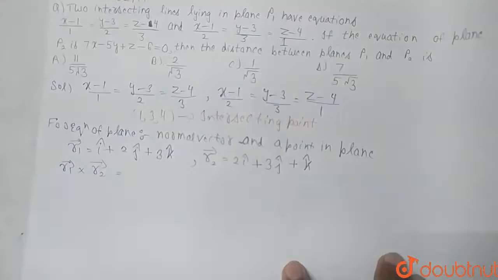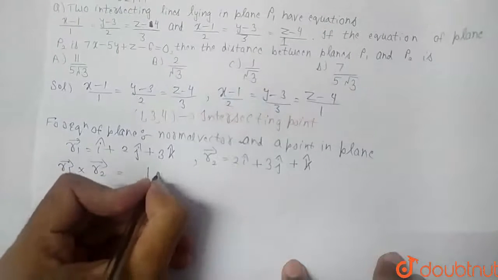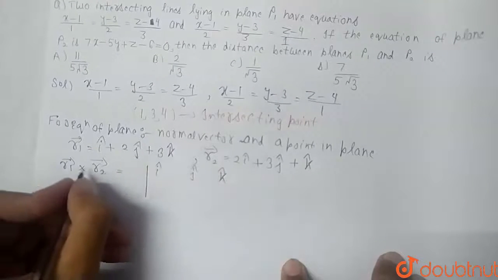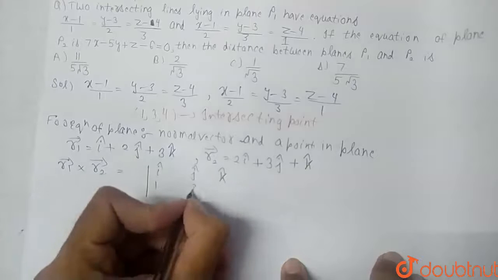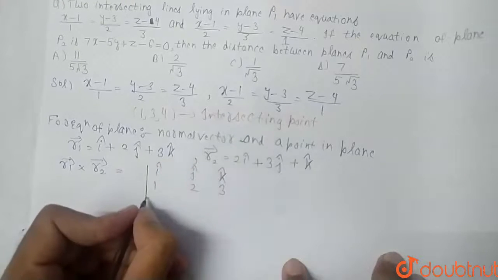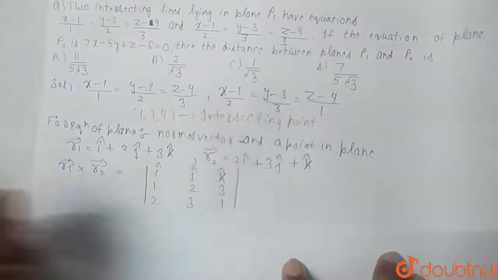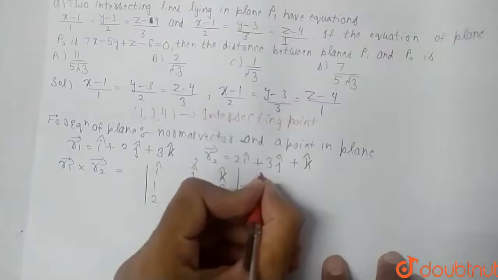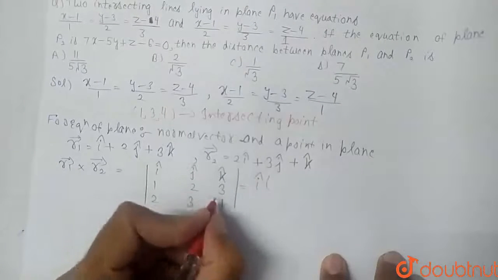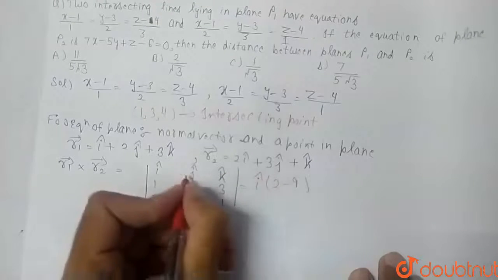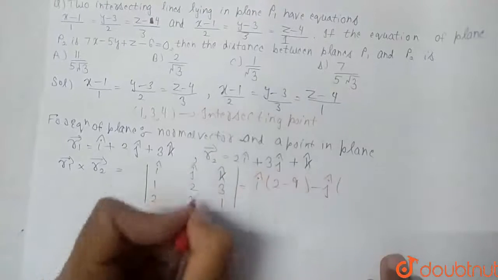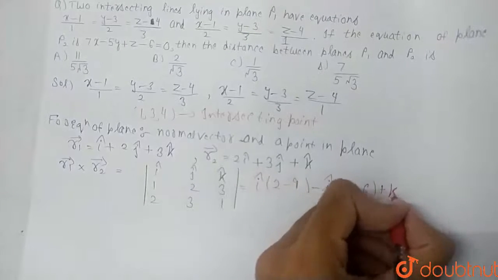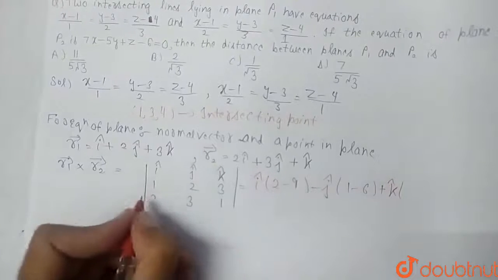By cross product, we write it as the determinant of i cap, j cap, k cap; then r1, which is 1, 2, 3; and r2, which is 2, 3, 1. Solving this, we get i cap times (2 into 1 is 2, 2 minus 9), then minus j cap times (1 minus 6), then plus k cap times (3 minus 4).